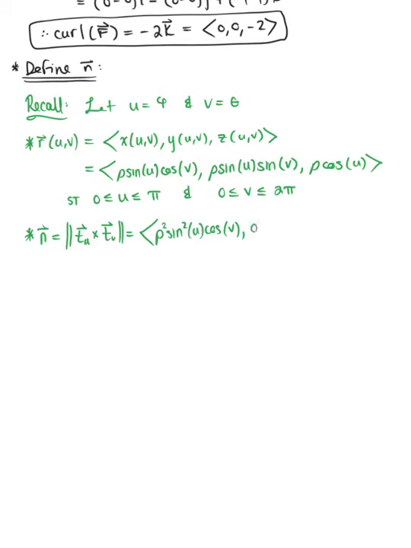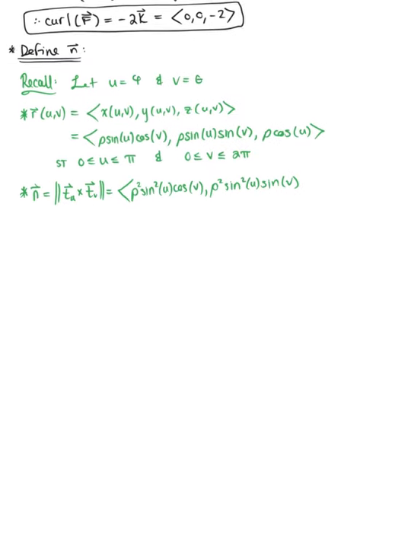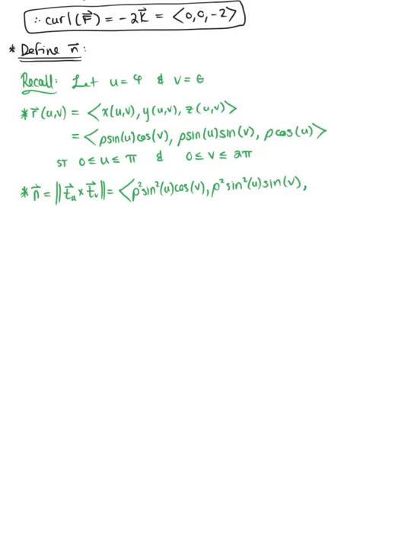The second component is rho squared sine squared of u sine of v. And then last but not least, we have the component rho squared sine of u cosine of u.